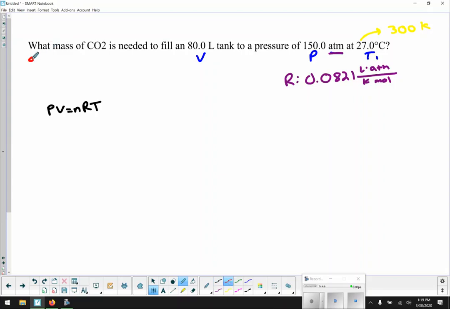So since you can convert grams to moles, what you're going to look for is how many moles you need, or convert moles to grams. We're going to look for n, so this means n question mark, and then convert to grams. It's not hard. It's just one extra step.